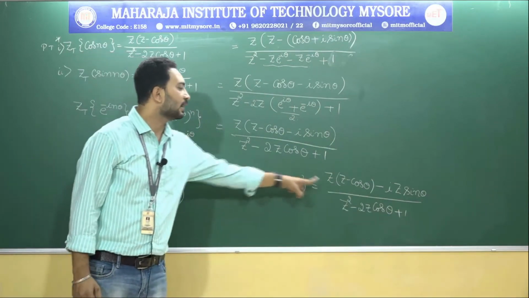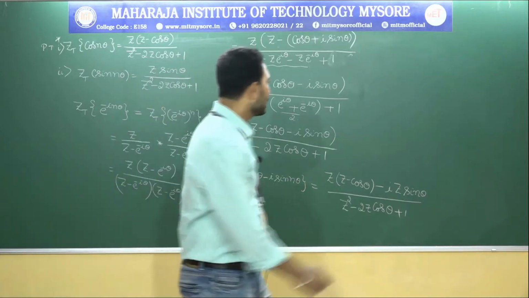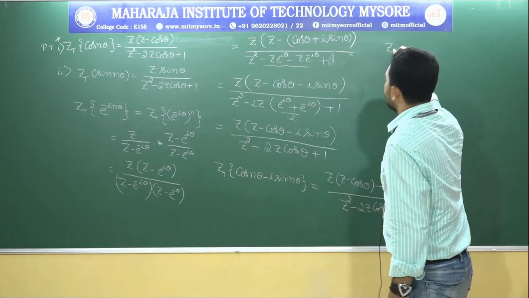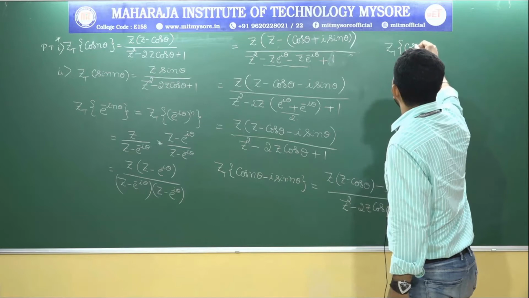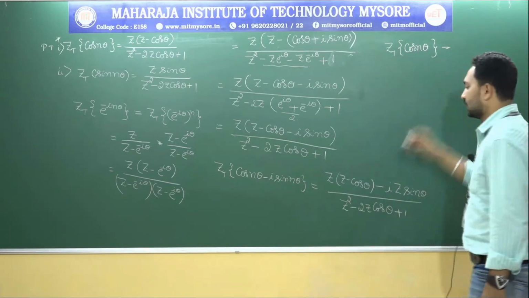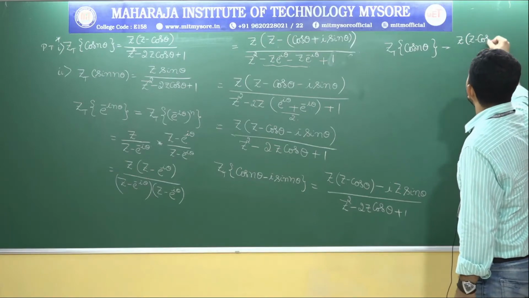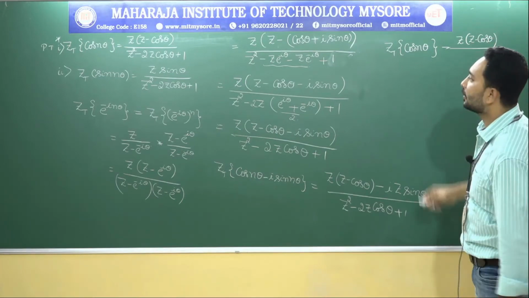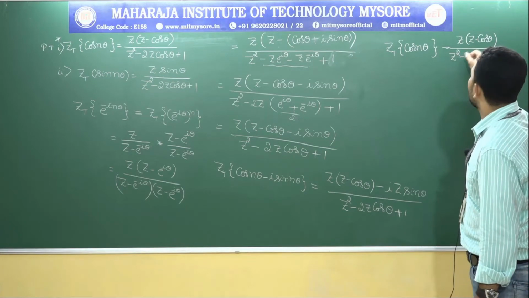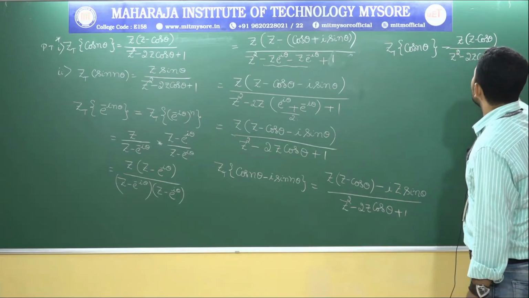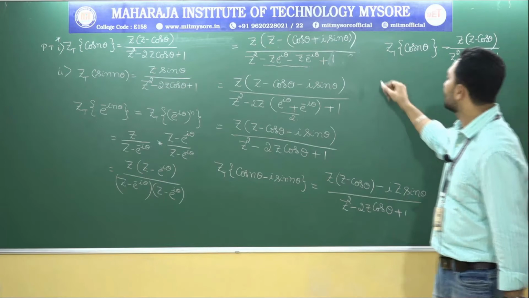By comparing the real and imaginary terms, we get the z transformation of cos n theta as the real term: z into z minus cos theta divided by z square minus 2z cos theta plus 1.